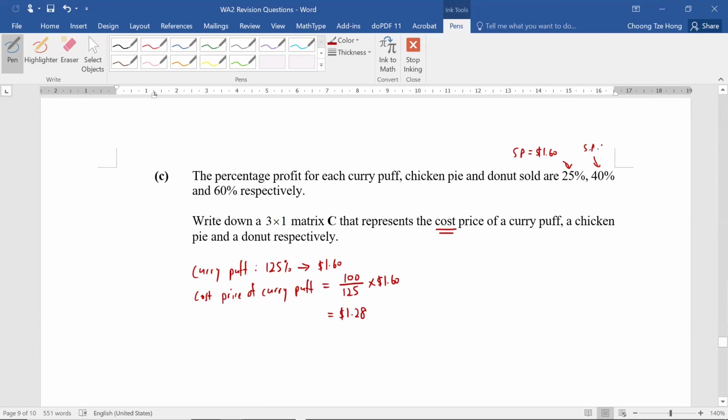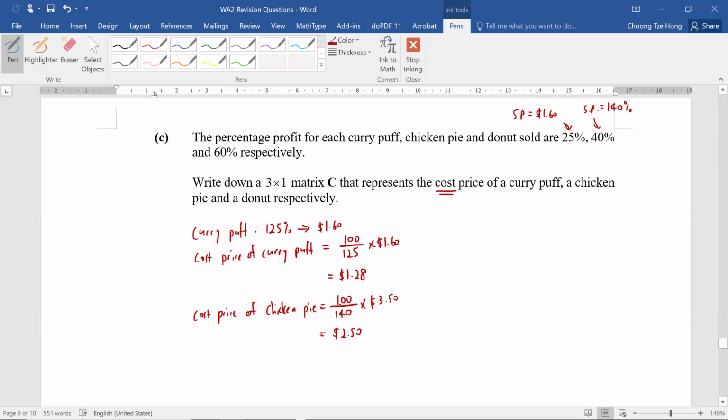The same thing goes for chicken pie, but chicken pie has a 40% profit, meaning the selling price of chicken pie is actually 140%. We can do a similar thing to calculate its cost price: 100% over the percentage for the selling price, multiplied by the actual selling price itself. That will give us 250.